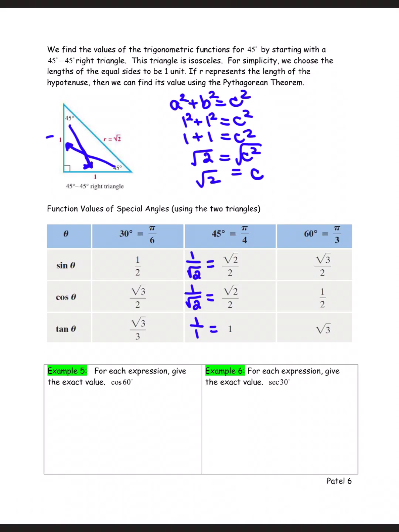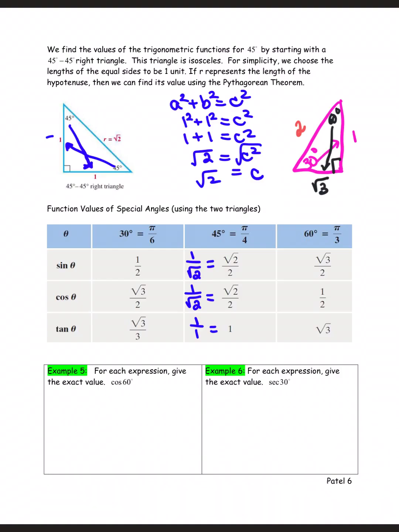Then we use the previous triangle from the previous page to do 30 degrees and 60 degrees. It doesn't matter how you label it, but the idea is that opposite to 30 degrees is the length of 1, opposite to 60 degrees is the length of square root of 3, and opposite to the right angle is 2.